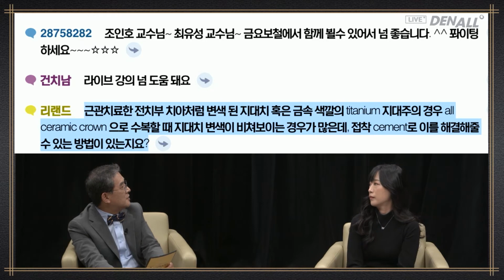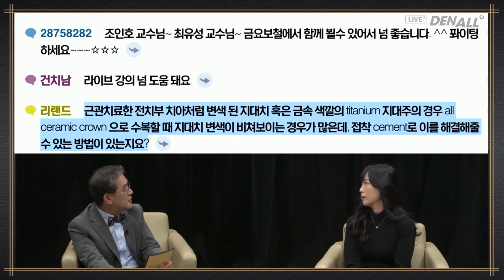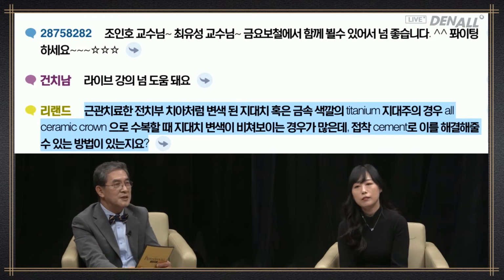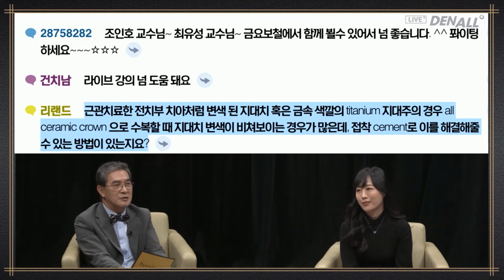In the case of a discolored tooth like that of an anterior tooth which has gone through endo treatment or the tooth with titanium abutment, when you restore with all ceramic crown, discoloration of abutment at times shows through. Can we solve this with adhesive cement? This is the question.